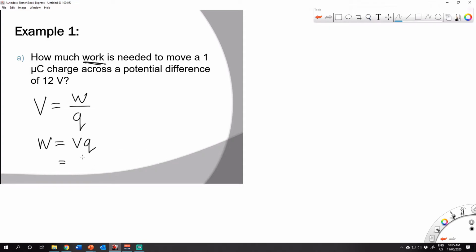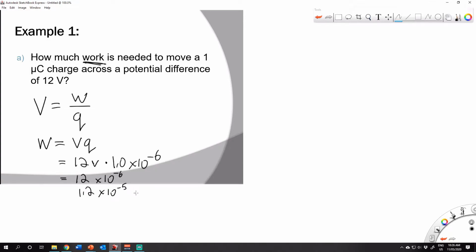So if I know that my potential difference is 12 volts, I am going to multiply this by the charge of 1 microcoulomb, 1.0 times 10 to the negative 6. This gives me a total amount of work of 12 times 10 to the negative 6, or 1.2 times 10 to the negative 5.